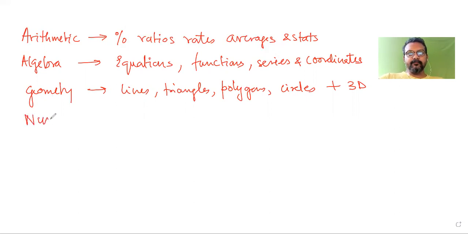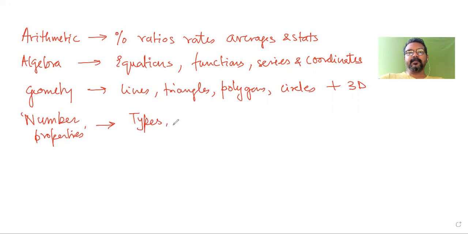After that, the most important part, number properties, which is often clubbed as a part of arithmetic, but just because it's so vast, I treat it as a separate topic altogether. Number properties include all types of numbers, all real numbers only.